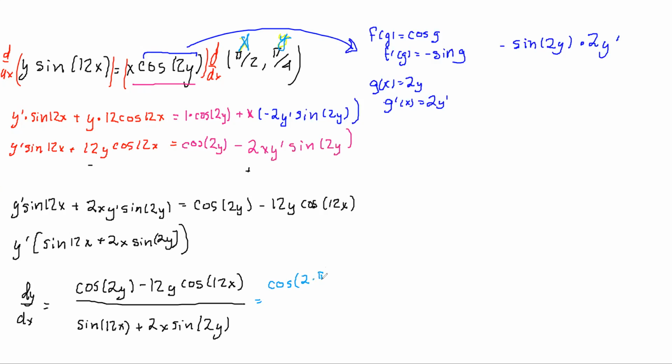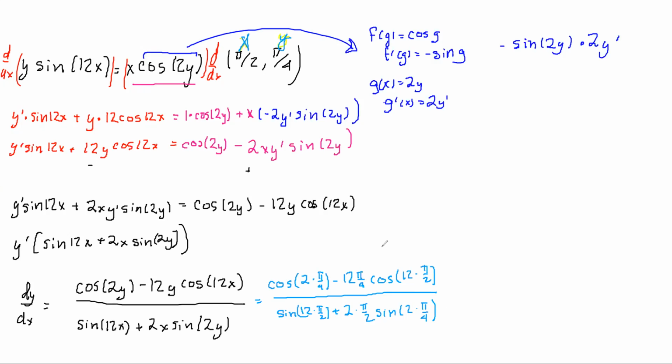Okay, so this is 2 times pi over 4 minus 12 pi over 4 cosine 12 times pi over 2 over sine 12 times pi over 2 plus 2 times pi over 2 sine 2 times pi over 4. Okay, did I sub everything in correctly? Anyone see any mistakes? Your silence is no mistakes, which is good. Means I'm getting better at algebra.